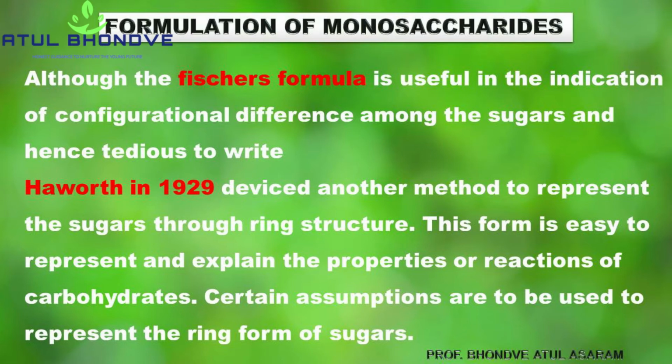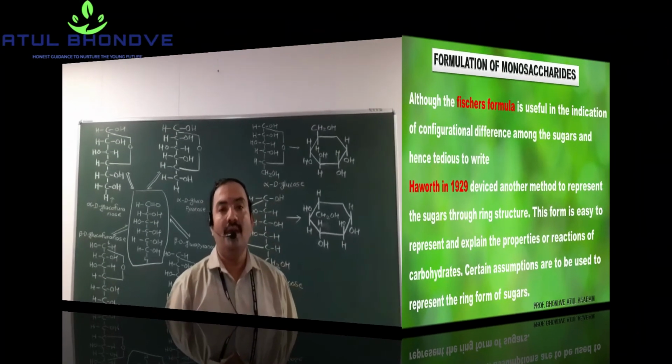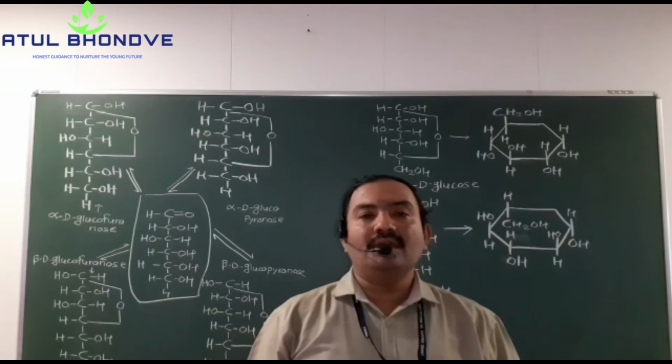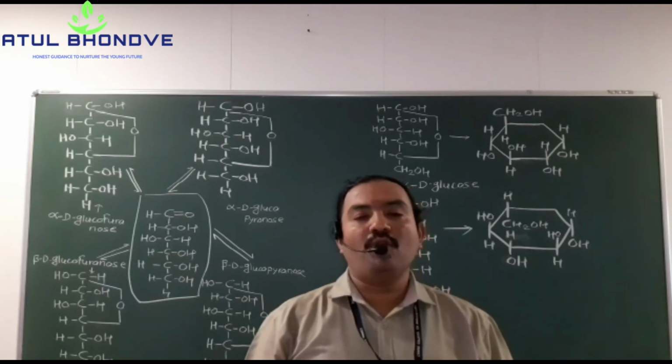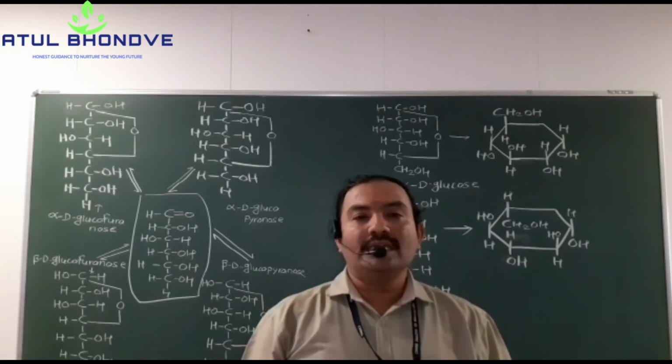Fischer's projection formula was then represented through the ring form by the scientist Walter Norman Haworth. Haworth, one of the great scientists of chemistry, was honored with the Nobel Prize for his extraordinary discoveries. Haworth first converted Fischer's chain formula into the Haworth ring formula.